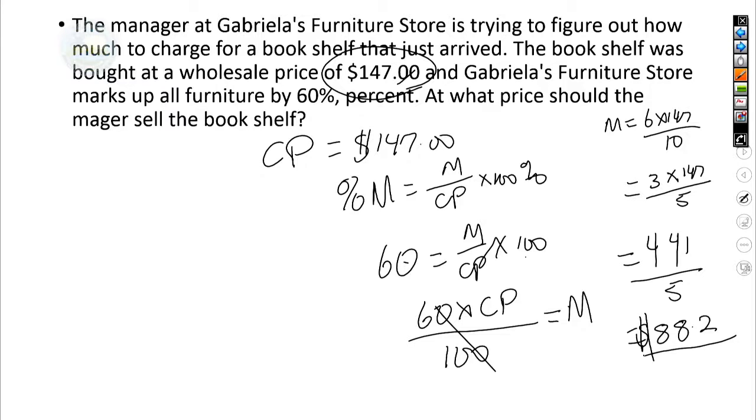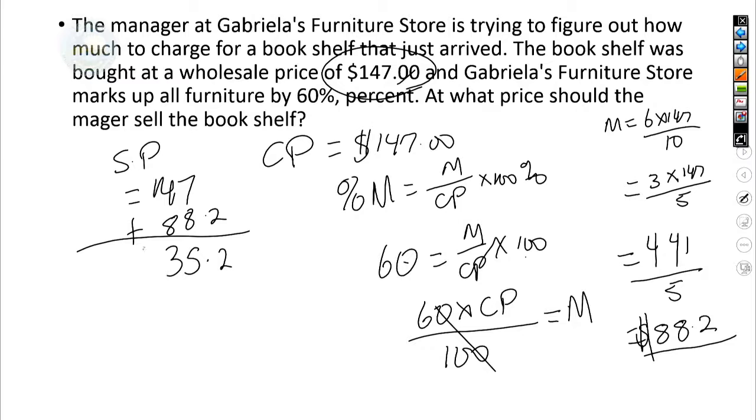So then that will be 147 plus $88.20, which is 8 and 7 is 15. 5 and 8 is 13. And 1 and 1 is 2. Selling it for $235.20. That should be the selling price. That's one way we could have worked it out.